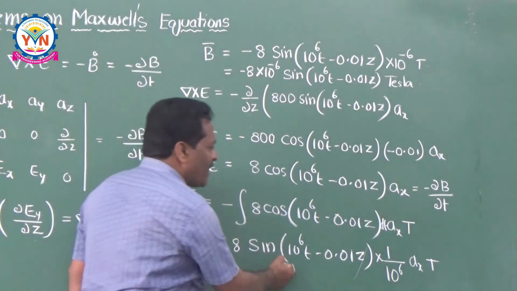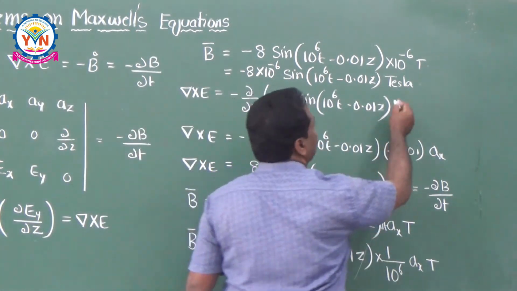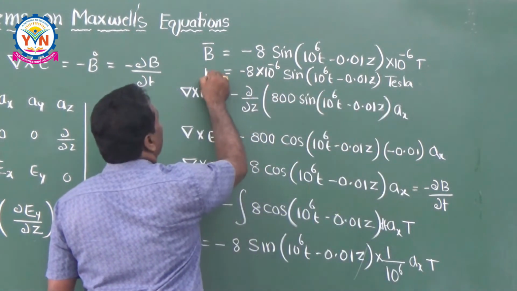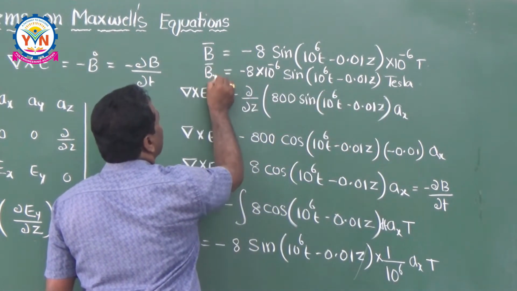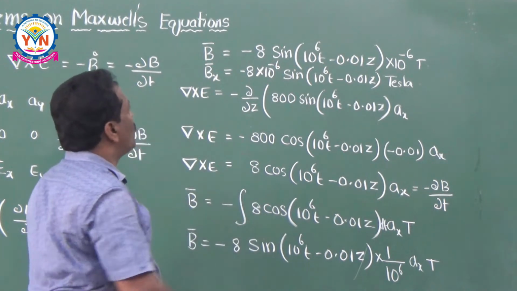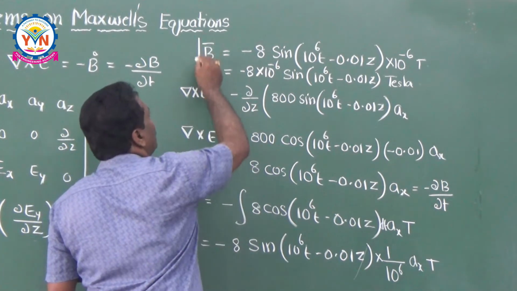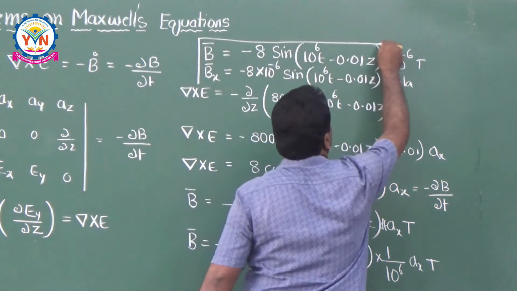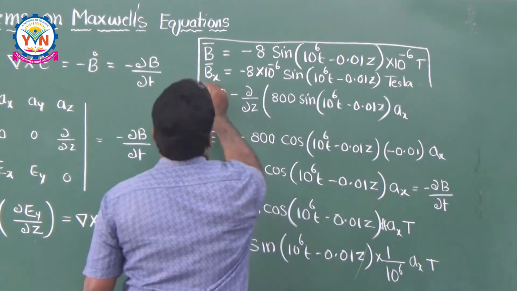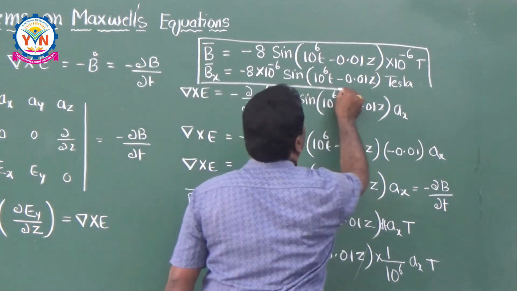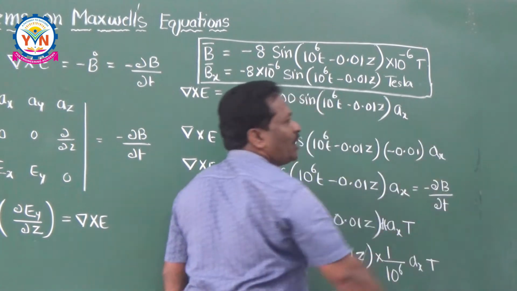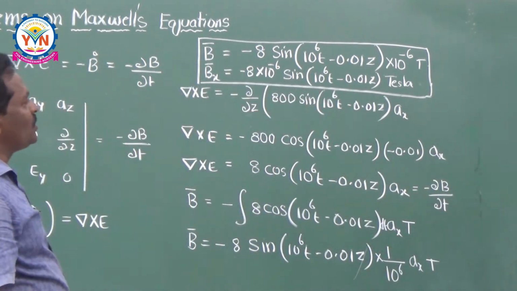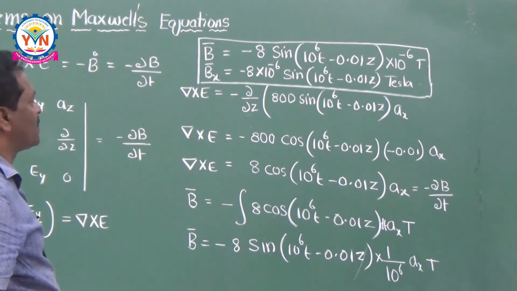In which direction is the magnetic flux density? In X direction. That's why I can write B in X direction like this. So this is the answer for the first bit. Magnetic flux density is equal to minus 8 into 10 to the power of minus 6 sine of 10 to the power of 6t minus 0.01 into z Tesla.